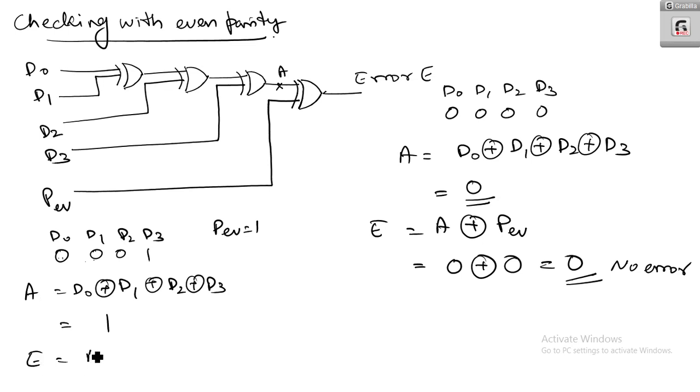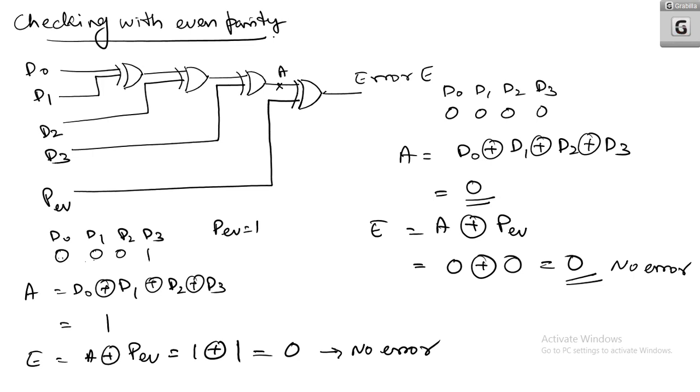Error is A XOR P even. So we get 1 XOR 1, which means 0, which means the error is 0, which means that there is no error. Here P even is equal to 1, which means that the exact data is received.